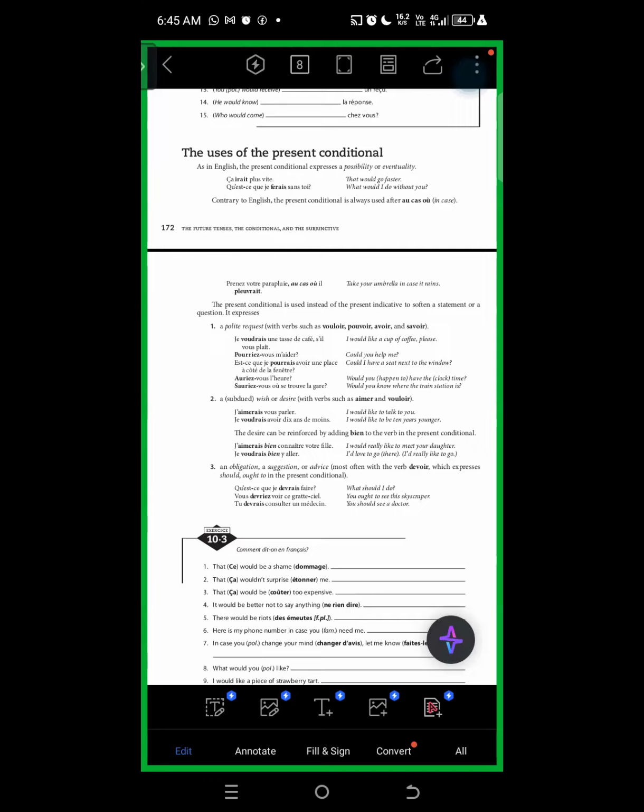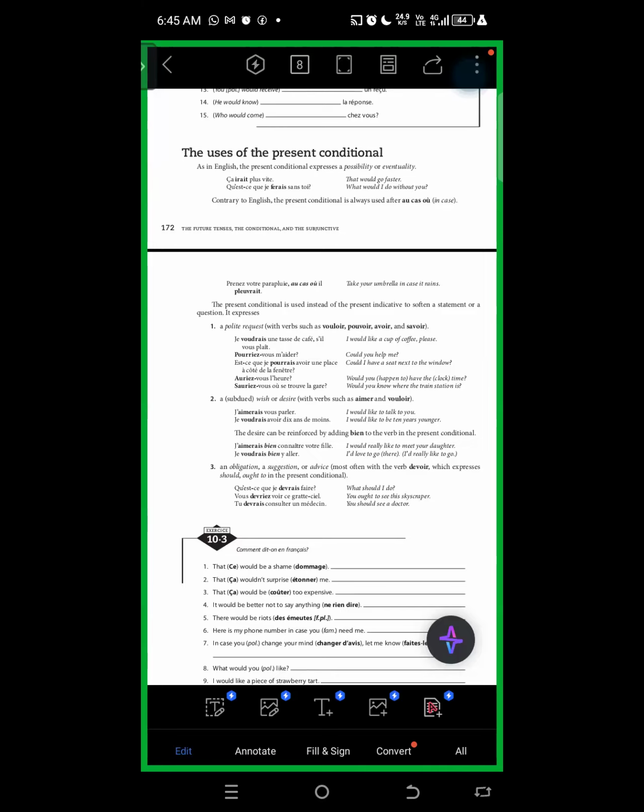Take your umbrella in case it rains. So anytime you see that word au cas où, meaning in case, the verb that follows must be in the conditional, because in case is the probability. It's not eventual, it's not a fact. It's not certainty. Au cas où. All right, let's go for the next.